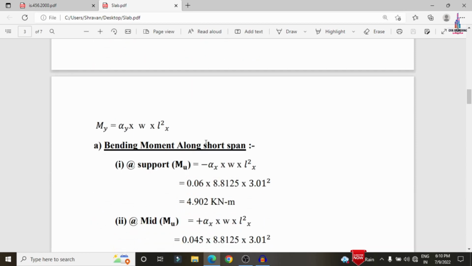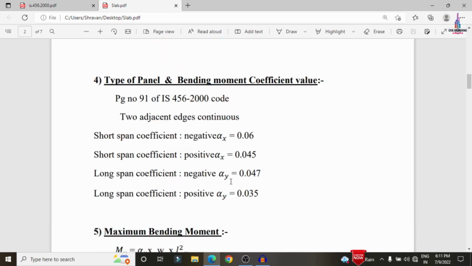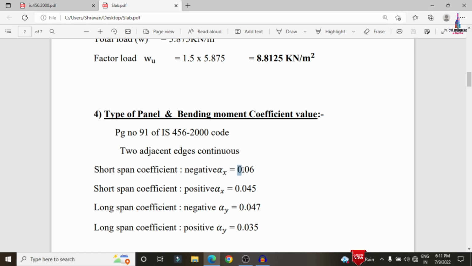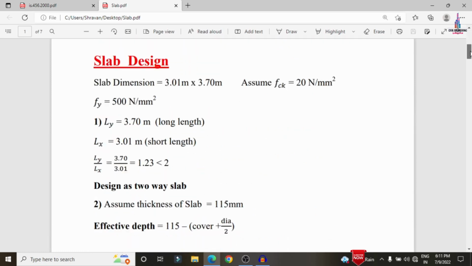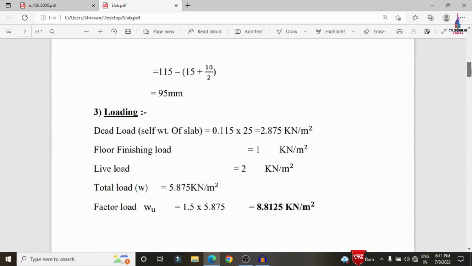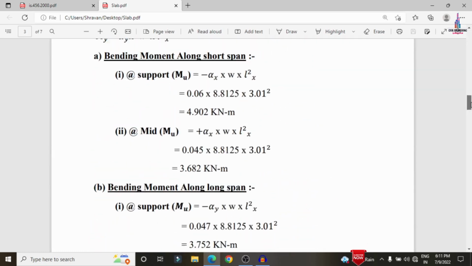Bending moment along the shorter span: here the shorter span comes under the negative bending moment, so negative minus alpha x into W into Lx square. Negative comes under 0.06, so we substitute this value. W is the factored load we calculated in step number 1, which is 8.8125.